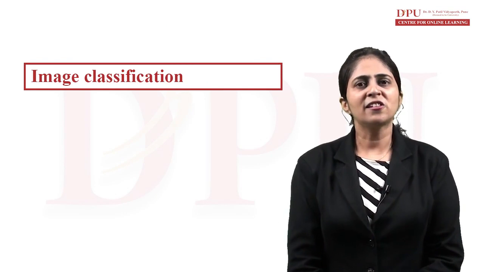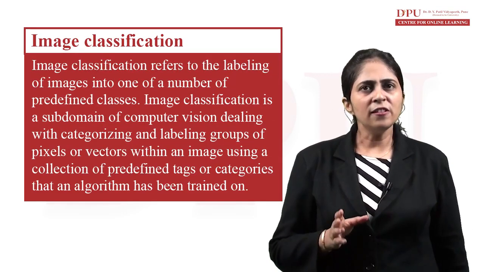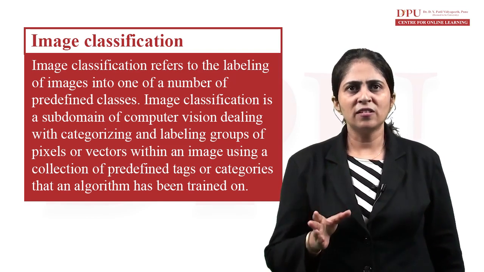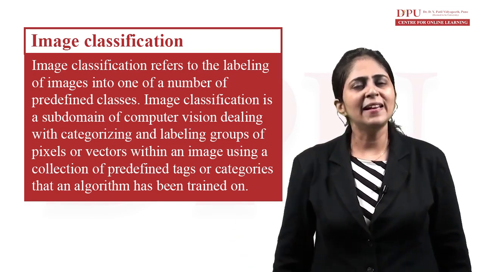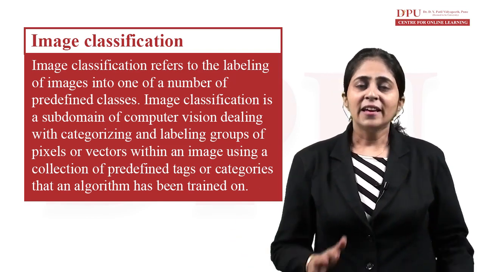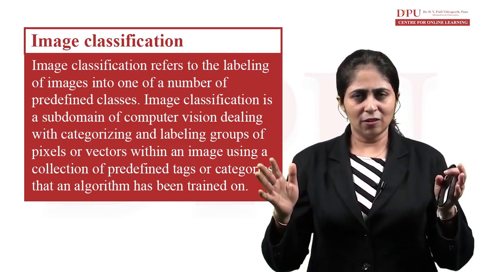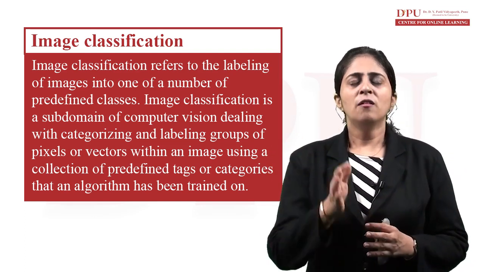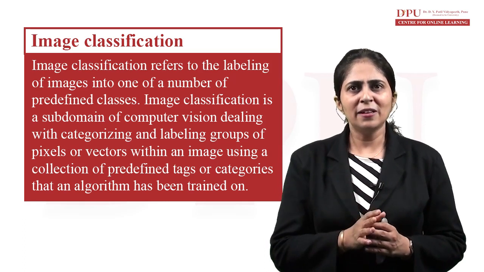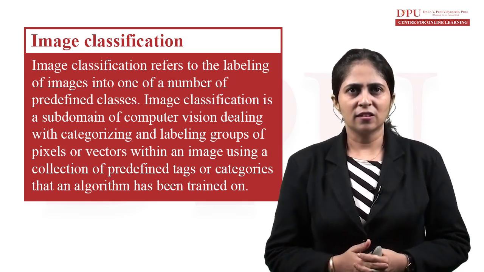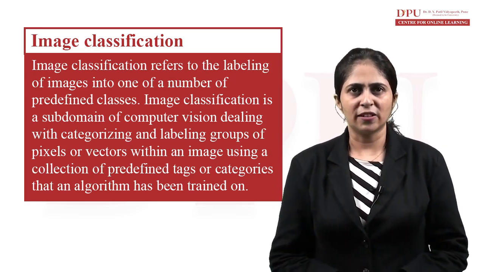Talking about image classification. Image classification refers to the labeling of images into one or more predefined classes. If we have an image, we want to label that image into a predefined class. That is called image classification.